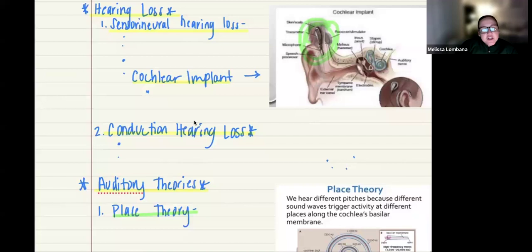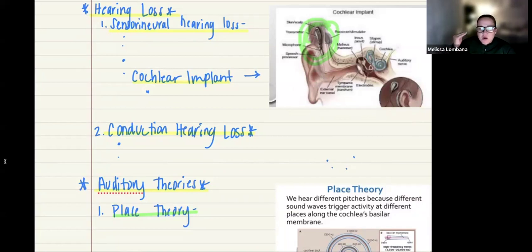Then you have conduction hearing loss. Conduction hearing loss is basically where there's damage to the structure of the middle ear or the inner ear, so the bones or the actual structure of the cochlea, okay, or any of those tubes. Now, this can only be fixed by hearing aids.